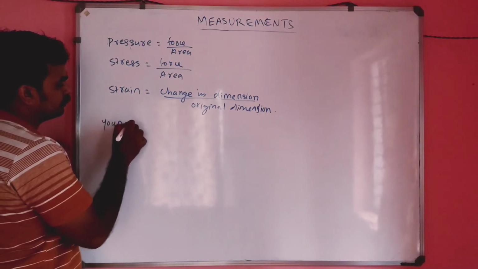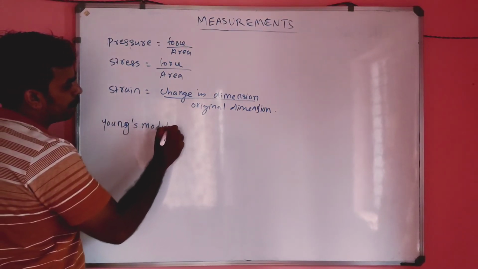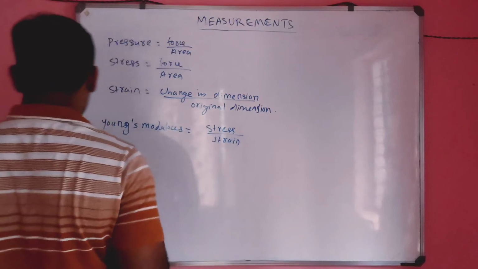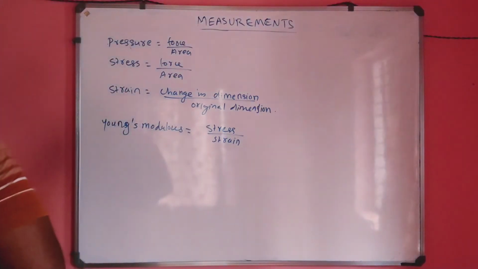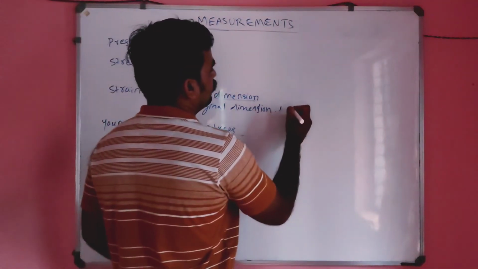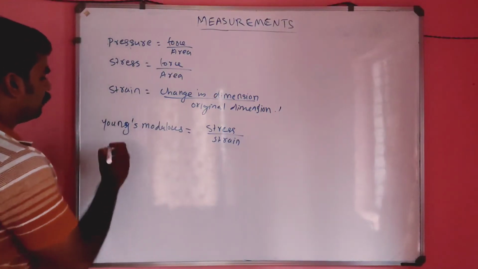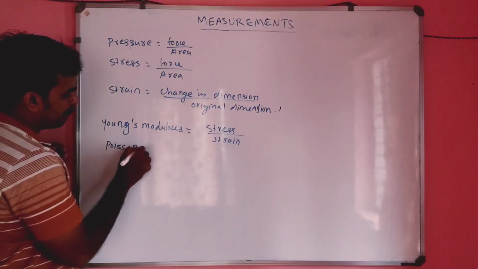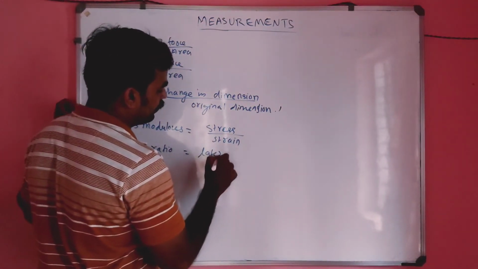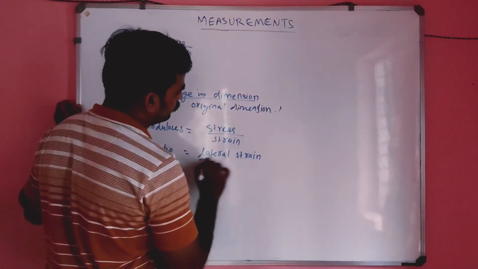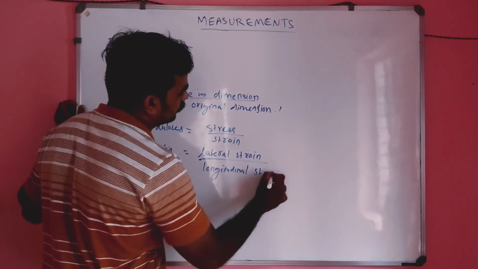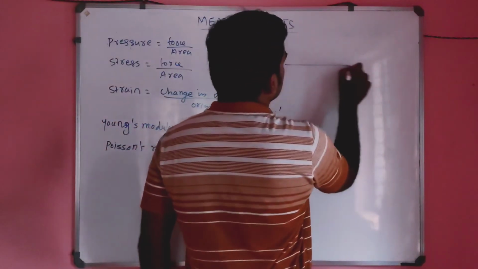Young's modulus is stress by strain. And Poisson's ratio is lateral strain by longitudinal strain. For that, consider this, my dear.